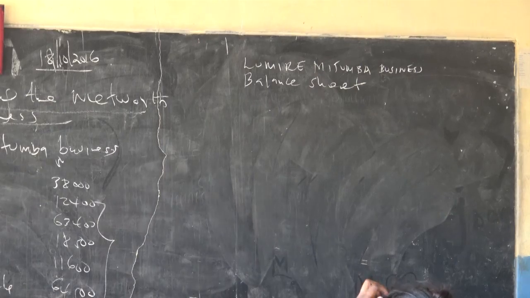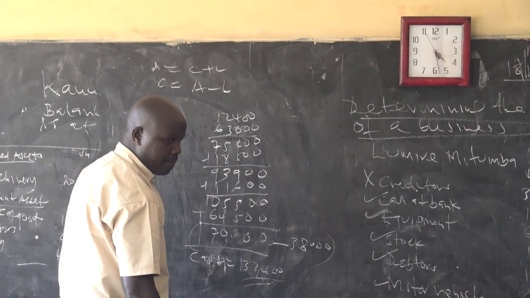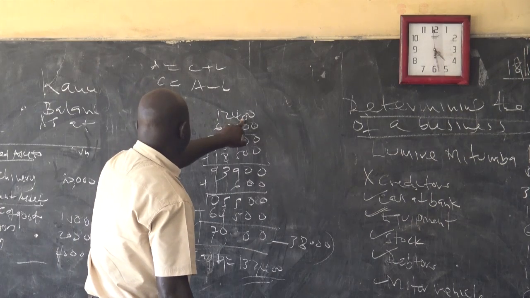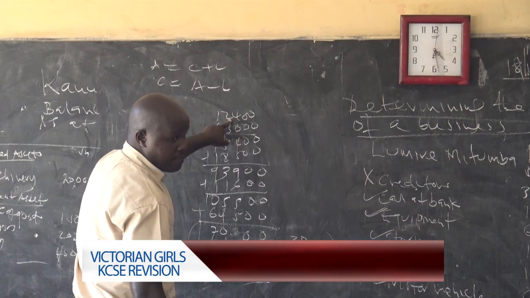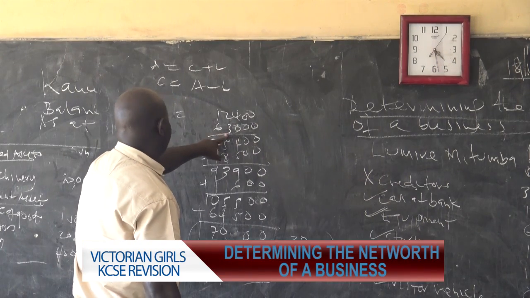It is 400, isn't it? It is 124. It is 12,400, isn't it? Plus 8,400. Correct.